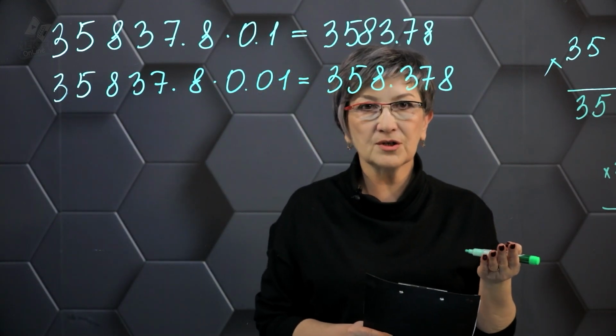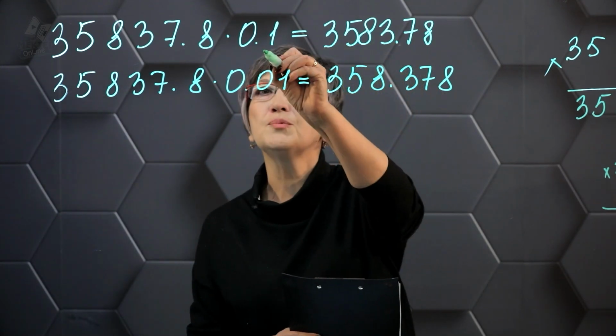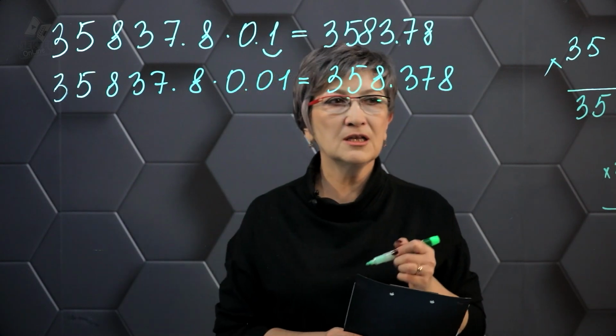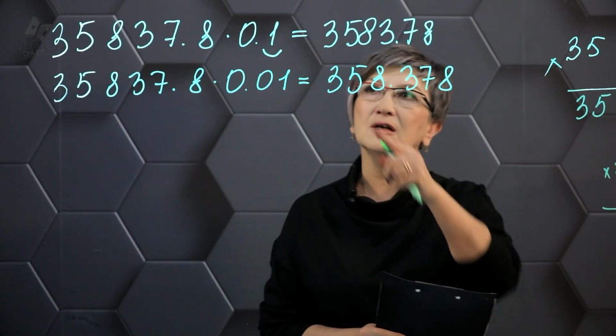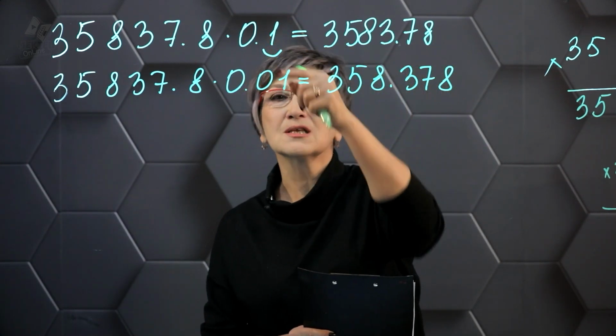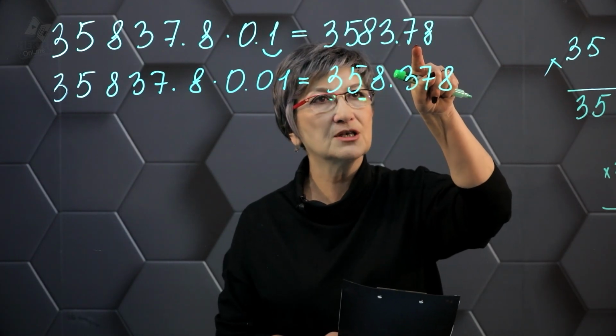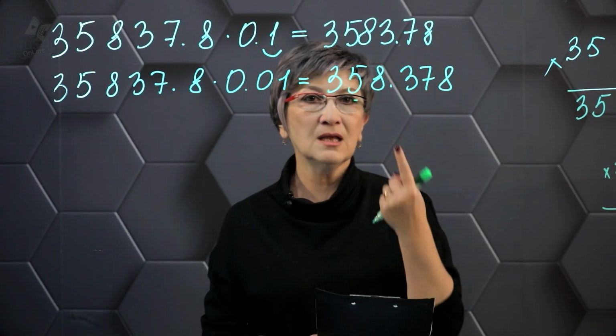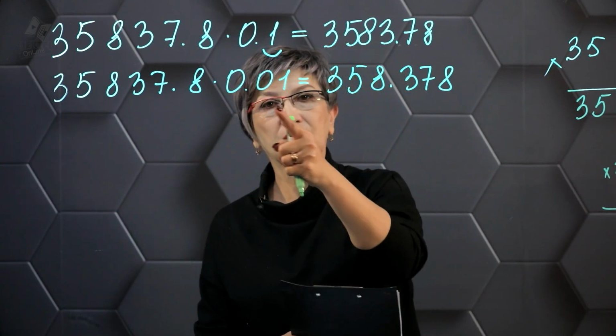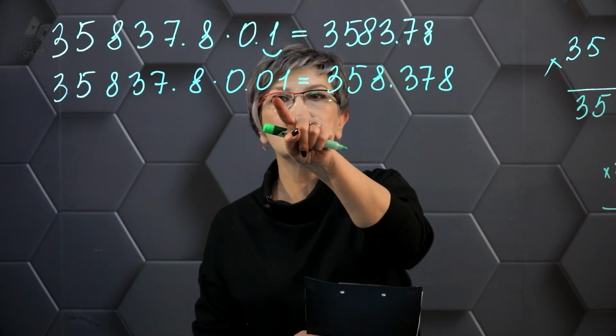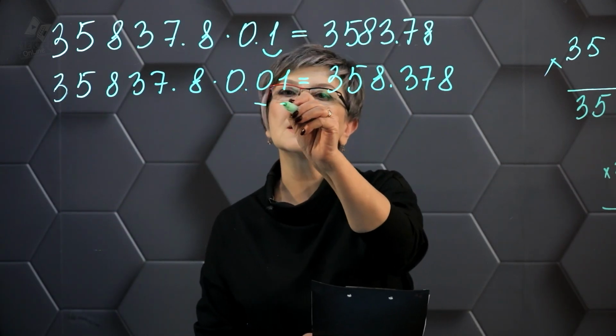What do you believe this is contingent upon? The key idea is that in the initial example, we multiplied by 0.1 with a denominator of 10. This indicates that we had 1 digit after the decimal point. Therefore, our decimal point shifted 1 digit to the left. But in the second example, we have 2 digits after the decimal point.